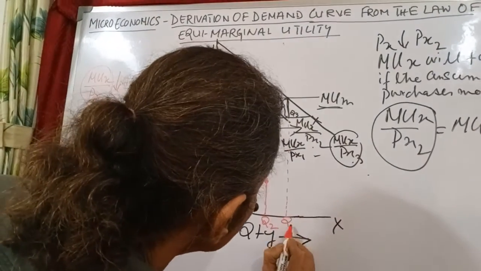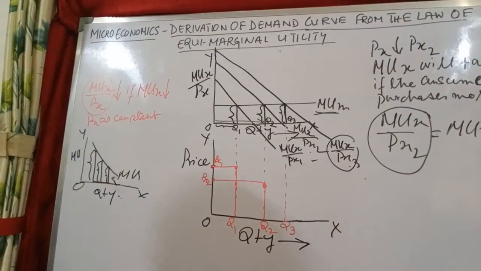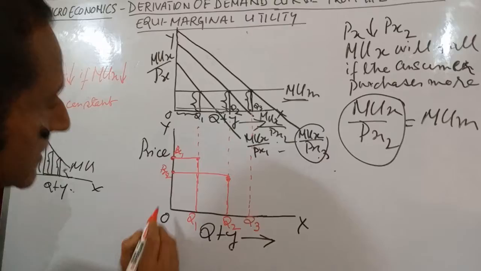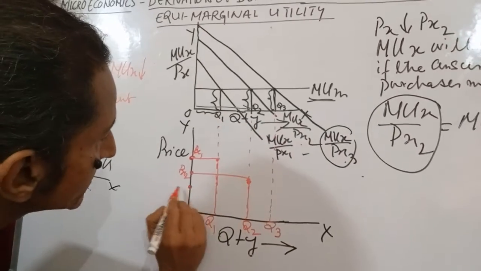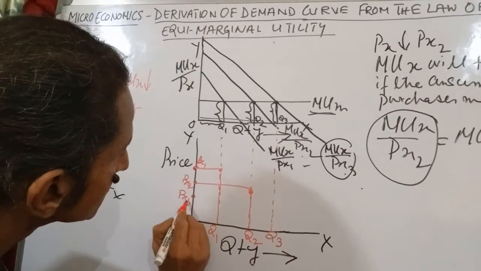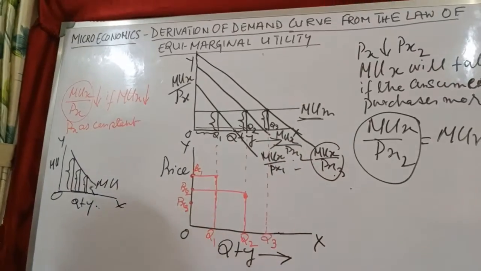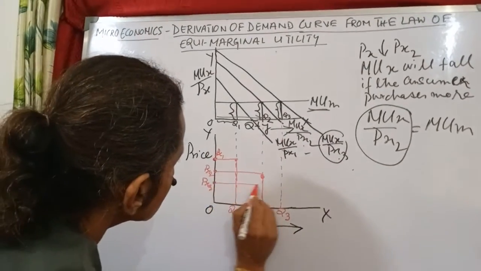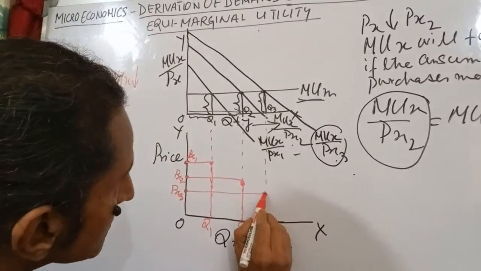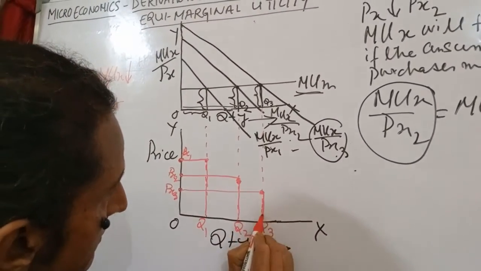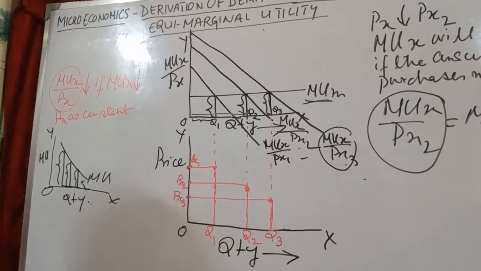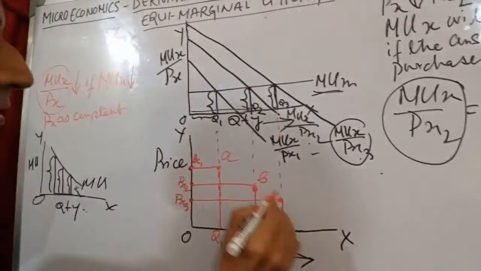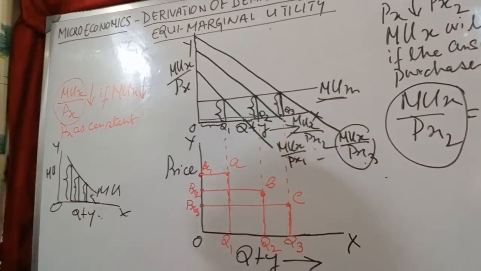This is Q3, and the price has fallen to Px3. So we get these 3 points. Say this is point A, this is point B, and this is point C.